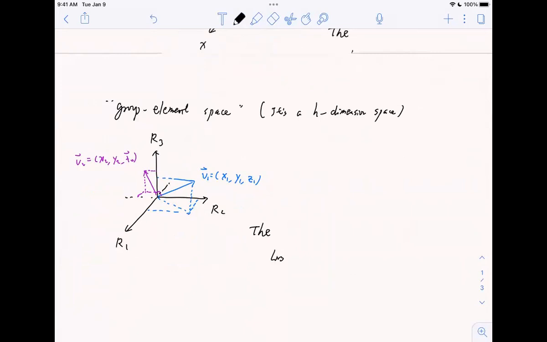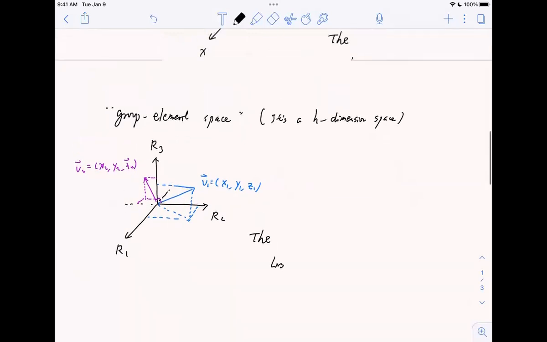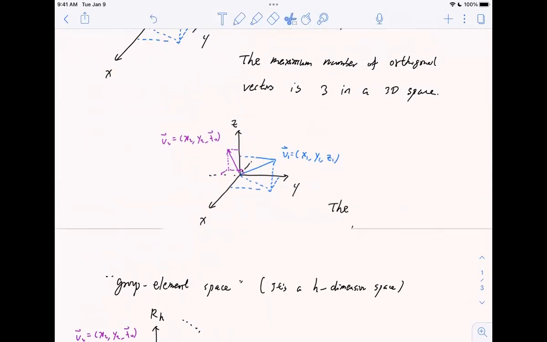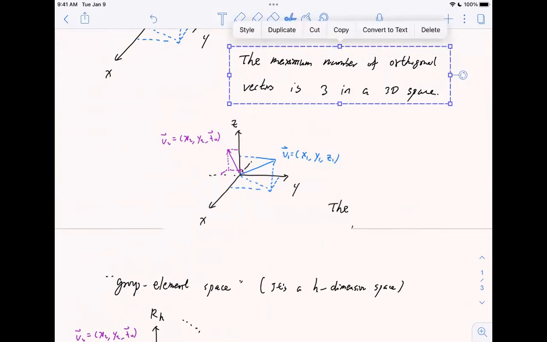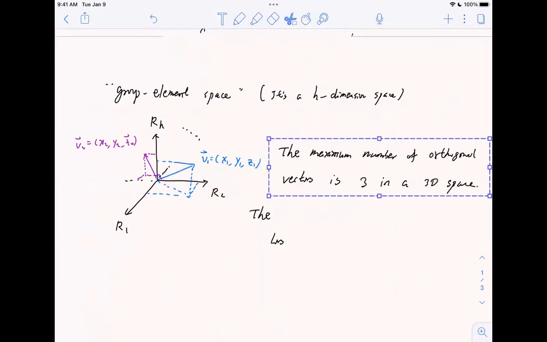So in principle, you will have a vector like this, with dot dot dot, then you have H. So you have an H dimension. How many orthogonal vectors can you have? You just copy this statement.